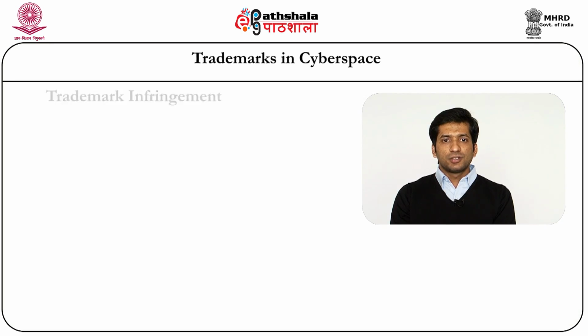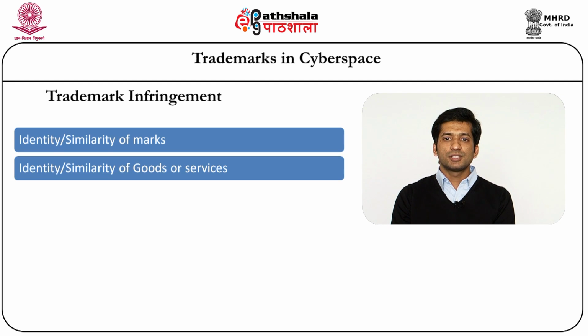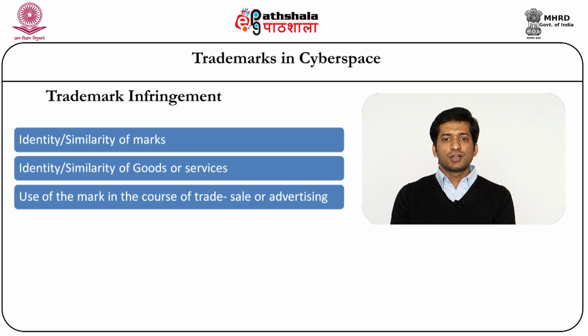Now, all of us know that in order to prove trademark infringement, we need to have a multifactorial test that needs to be satisfied. The first one being identity or similarity of the marks in question, the second being identity or similarity of the goods or services with respect to which the marks are used, third one being the use of the marks has to be in the course of trade, which is being for sale or for advertising of goods or services.